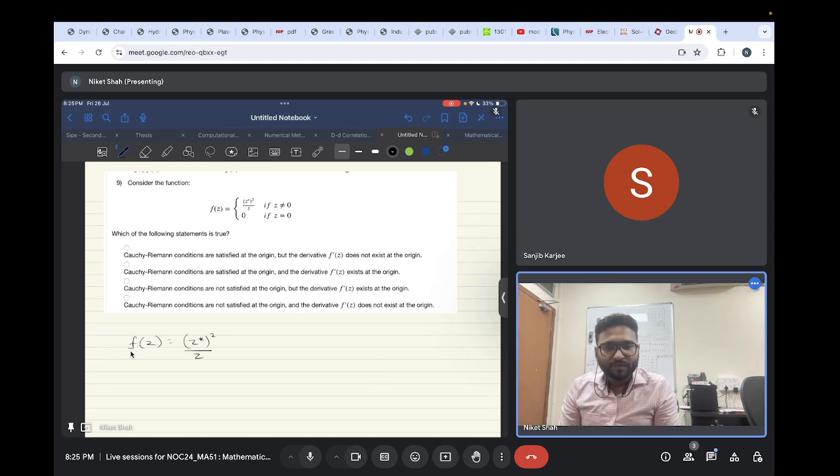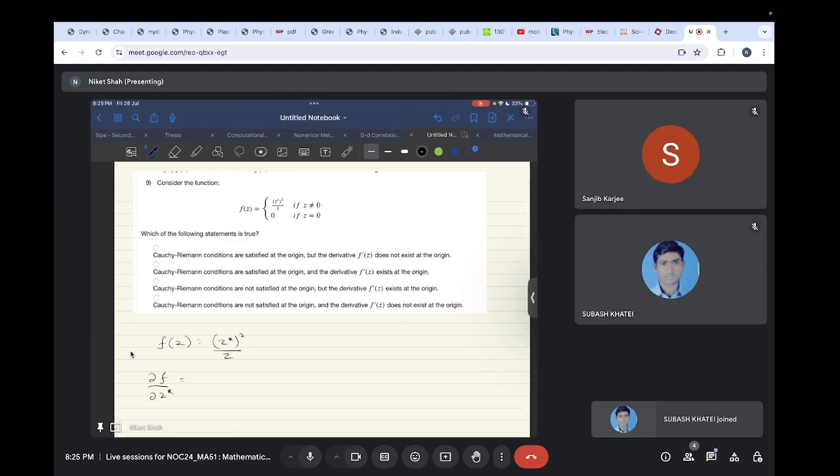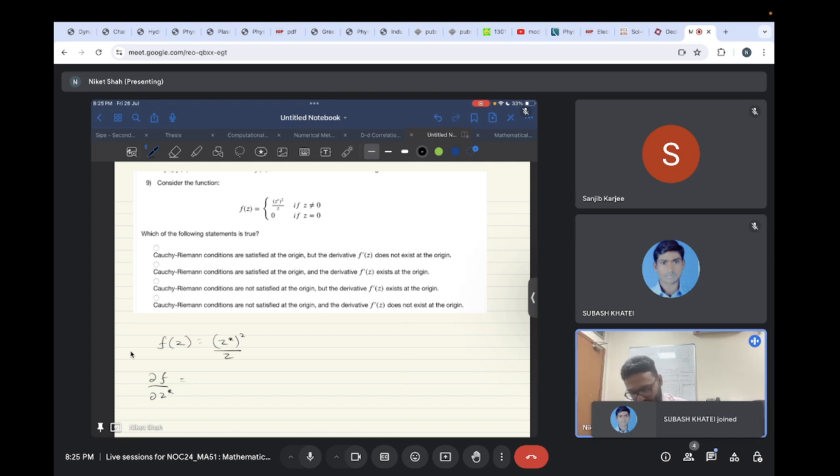The Cauchy-Riemann condition for this function is del f by del z star equal to 2z star divided by z. Z of course I'm taking as a constant, and z star is the variable with which I'm differentiating. So I get 2z star by z, and at the origin, does this become 0?